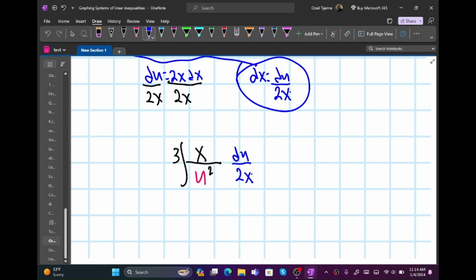Now again, notice that the x's cancel out, so these two things are going to cancel out. I just want to reiterate this. These will cancel out. Okay, guys.